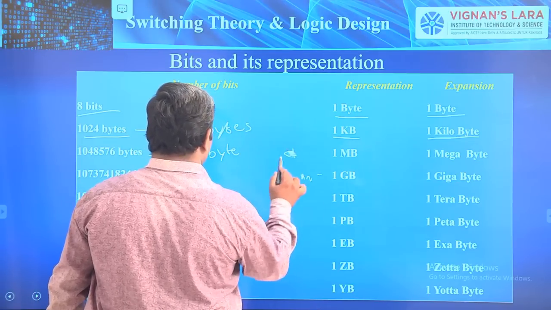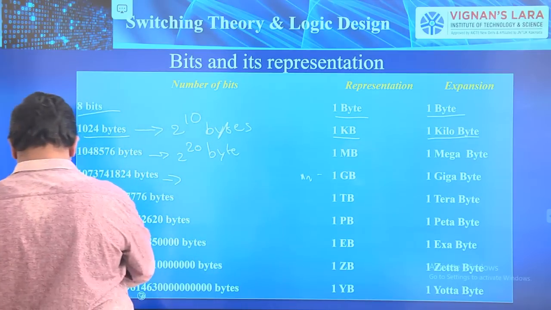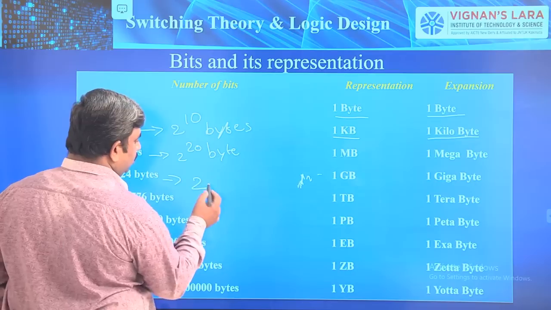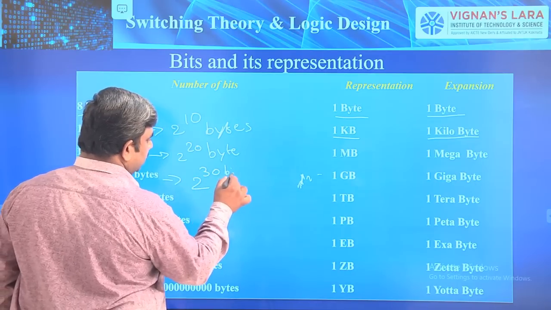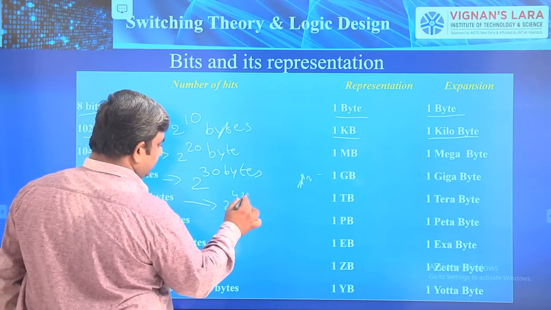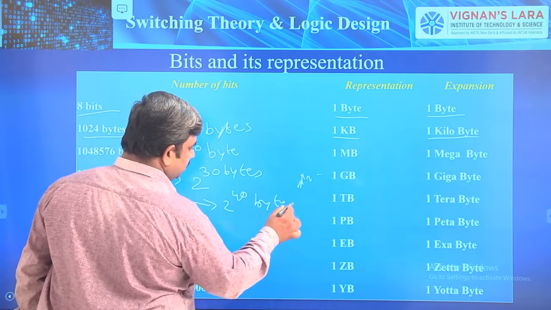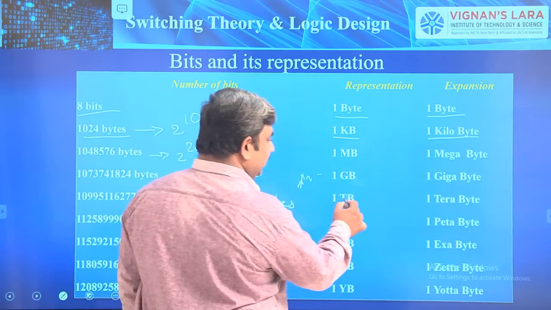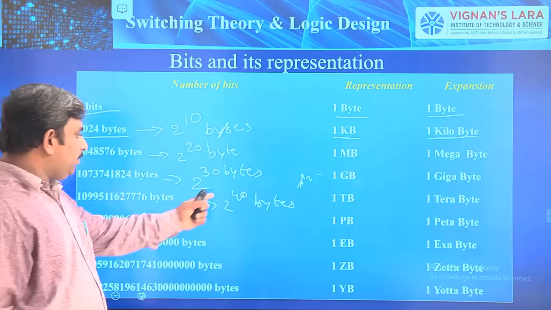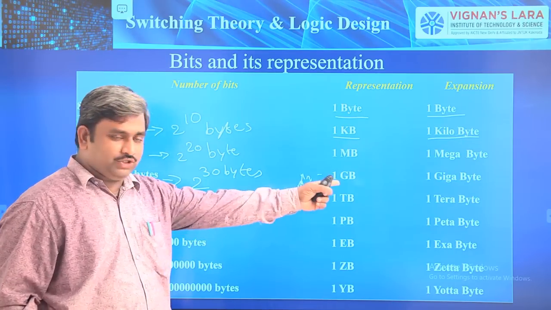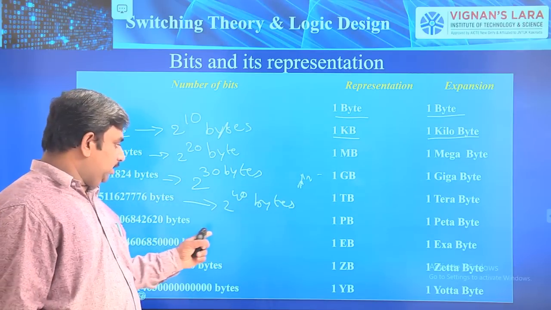So simply remember like this. Here 2 power 20 bytes, 2 power 30 bytes, here 2 power 40 bytes. You can represent with this notation also. Finally, this is 1 TB. So 2 power 40 bytes, 1024 GB, is equal to 1 terabyte.